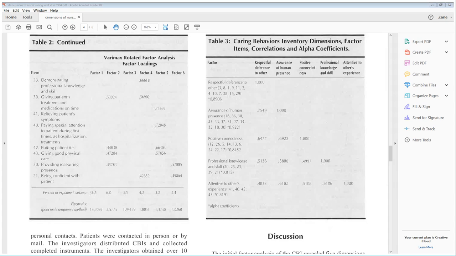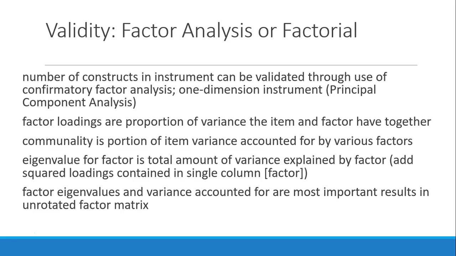You can see the variance explained toward the lower left-hand side and the eigenvalues, which were high. Anything that's 1 and above is considered a good eigenvalue. Then on the right-hand side you can see the correlations among each of the subscales with each other. You can look that article up if you wish.